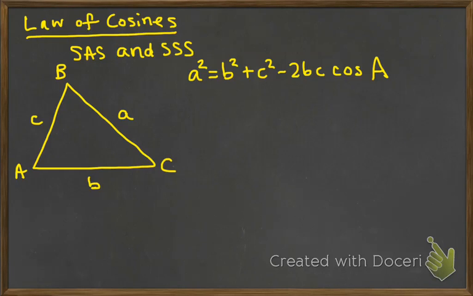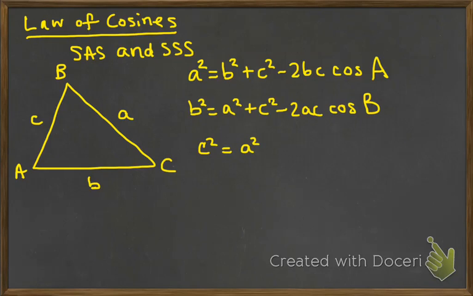I could also rewrite this using the other letters, so B squared equals A squared plus C squared minus 2AC times the cosine of B. Or C squared is equal to A squared plus B squared minus 2AB times the cosine of C. So there is our law of cosines.